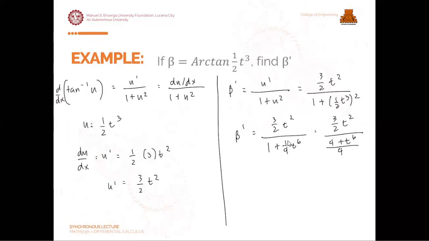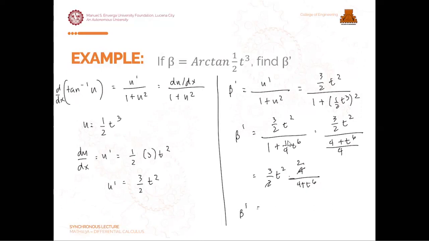Then we simplify: 3 halves t squared times the reciprocal of the denominator, which is 4 over 4 plus t to the 6. Cancel out, this will be 2.